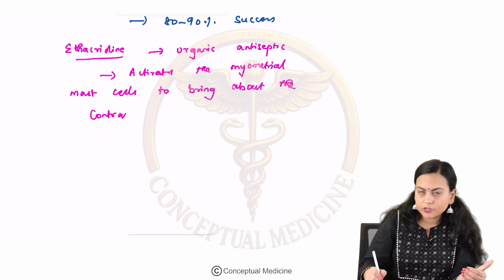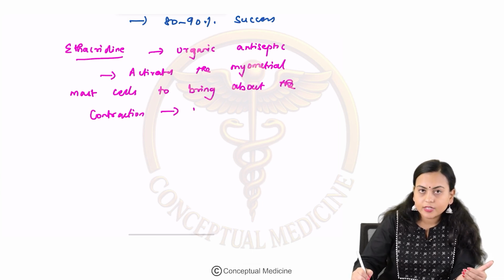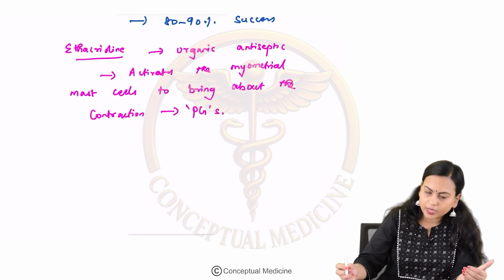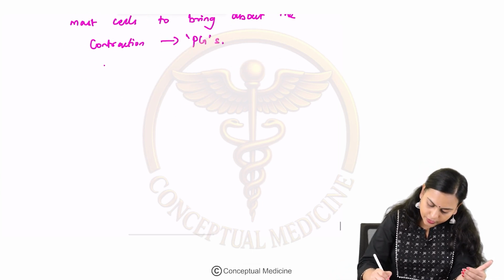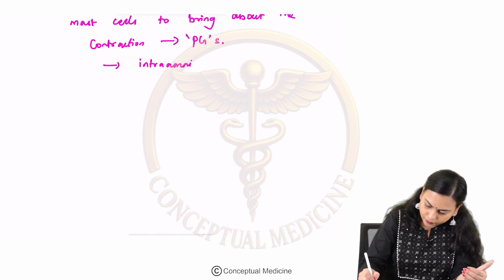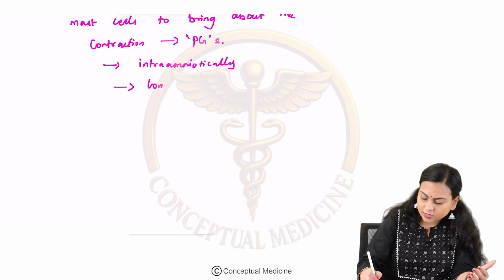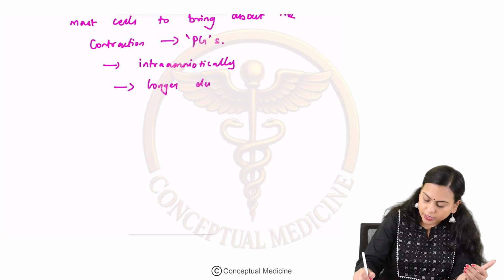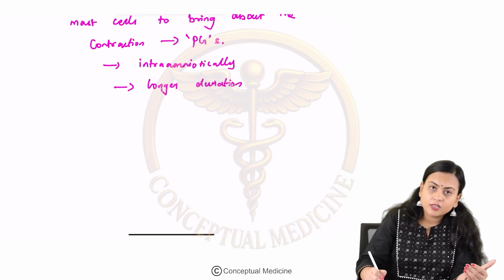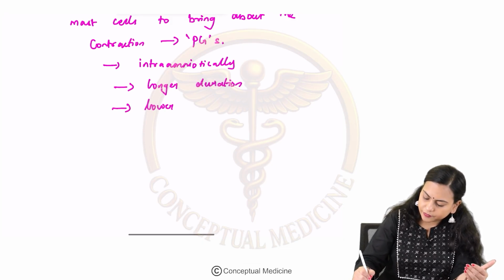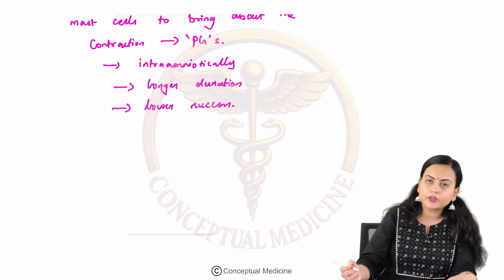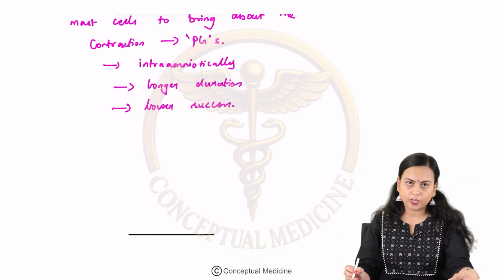And how this contraction is brought about is, again, there is release of prostaglandins inside the myometrium. It is mostly given intra-amniotically, but there is a longer duration for the process and lower success rates. So, we are not using this procedure anymore.